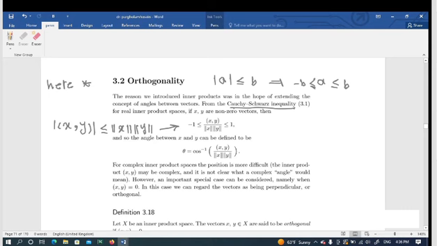And we can define theta as the cosine inverse of this quotient.